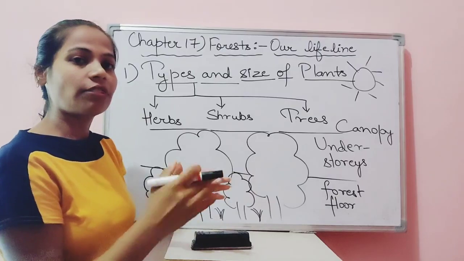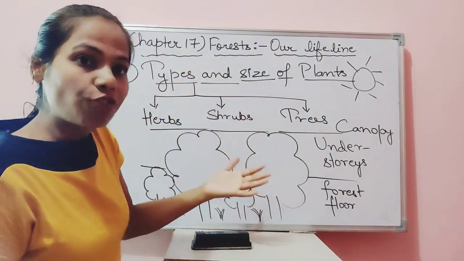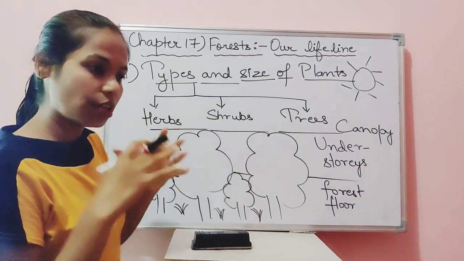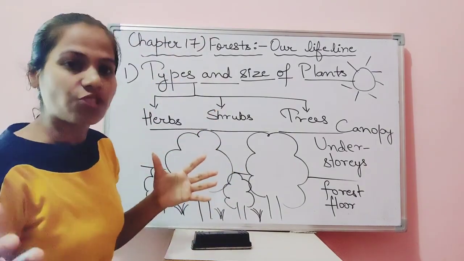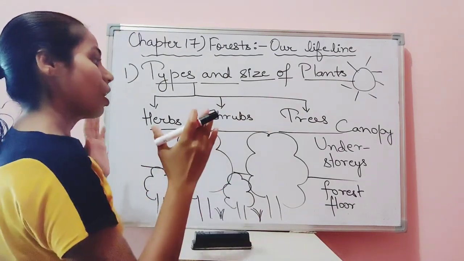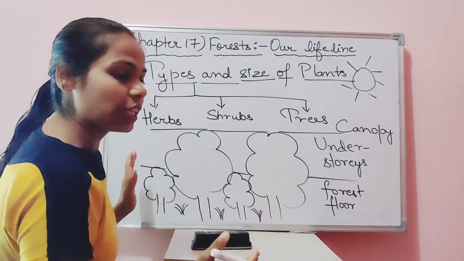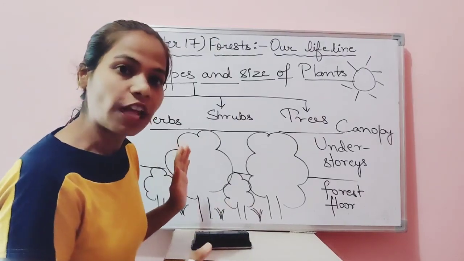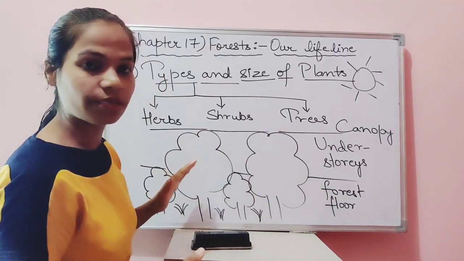Also it has the crown of leaves, fruits and flowers over the branches. Depending upon these 3, let's see what kind of climate we find inside the forest.